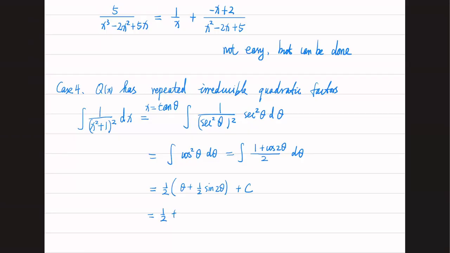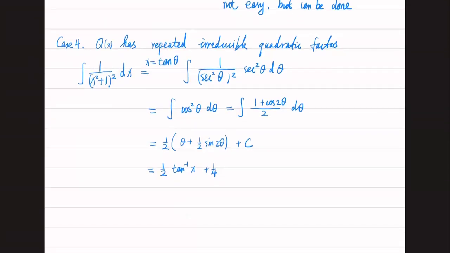Tangent. How do we convert sine 2 theta? The tangent to x. So this time we use the double angle formula again for sine 2 theta.